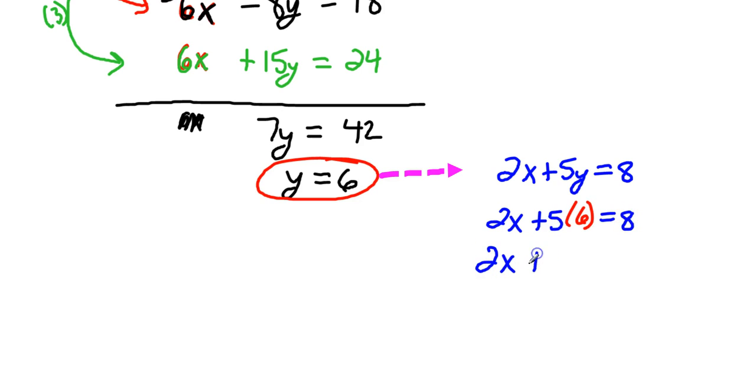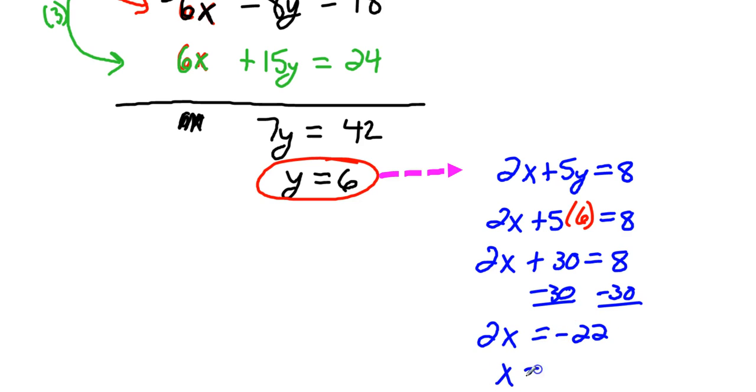We get 2x plus 30 equals 8. Subtract away the 30. And then divide by 2. Okay, and there's your two answers that you're looking for.